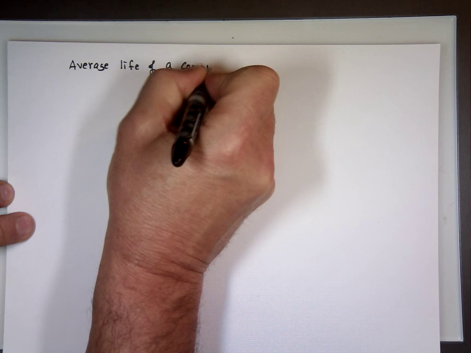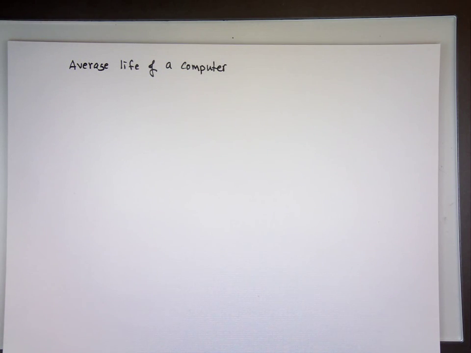When I say the average life, it doesn't mean the machine died. It becomes obsolete, useless. If you bought a computer 4 years ago, it's probably worth nothing now. It's a piece of junk because the technology changes so often.